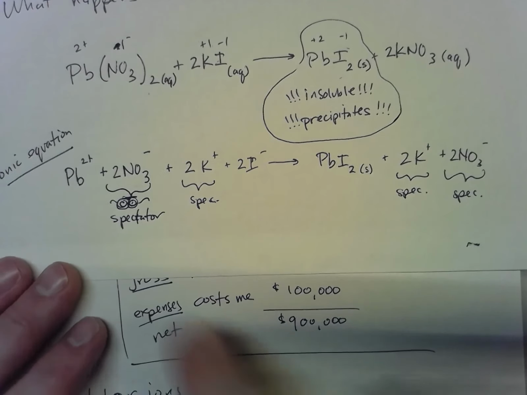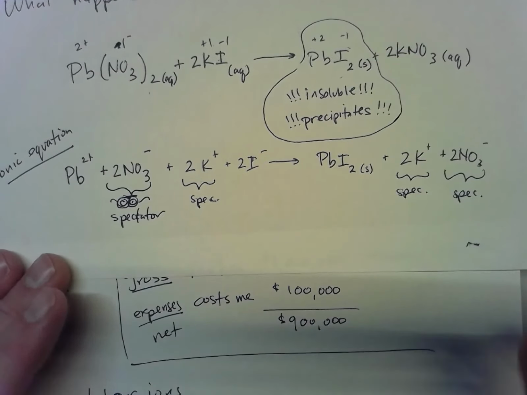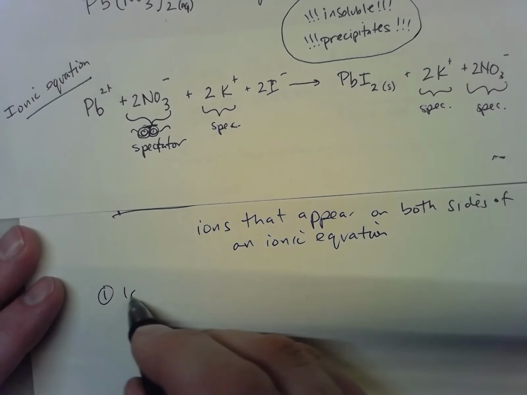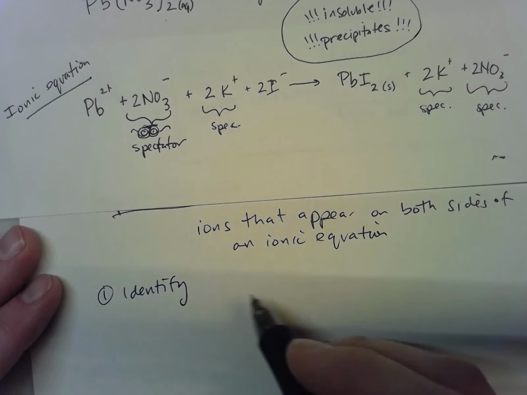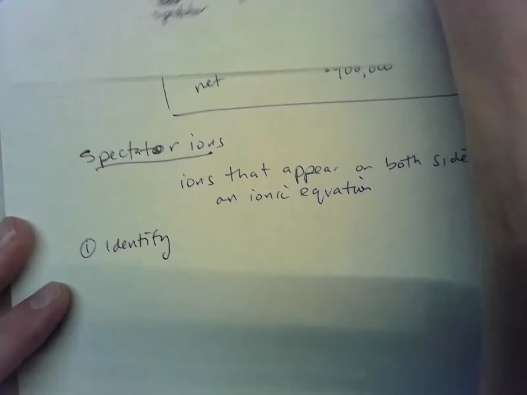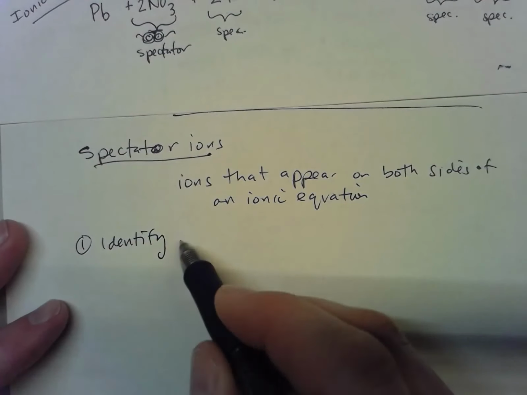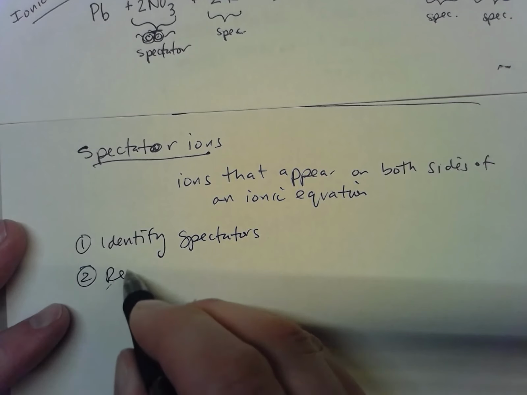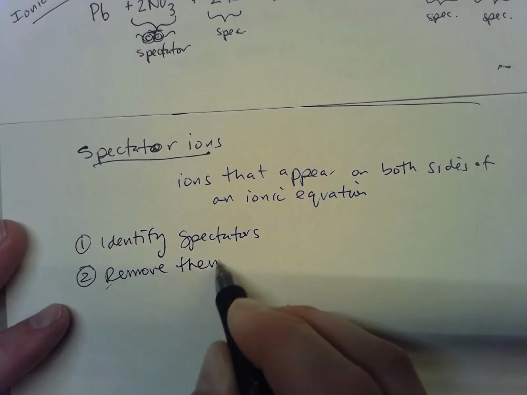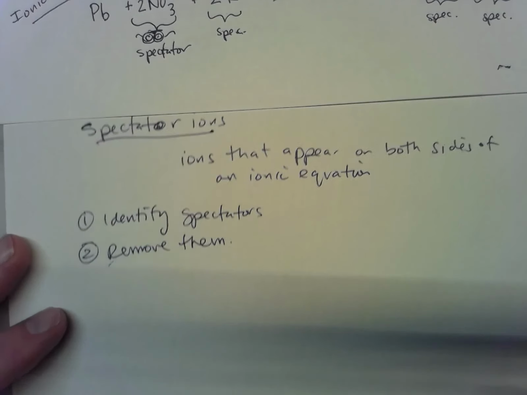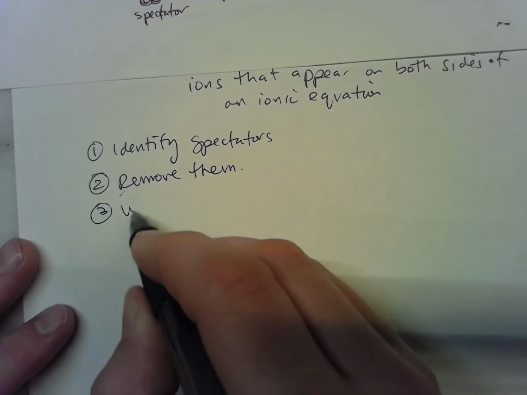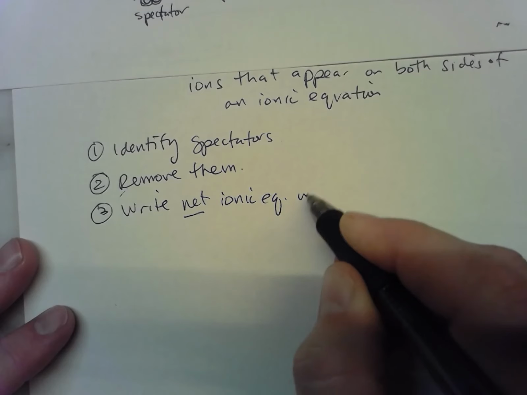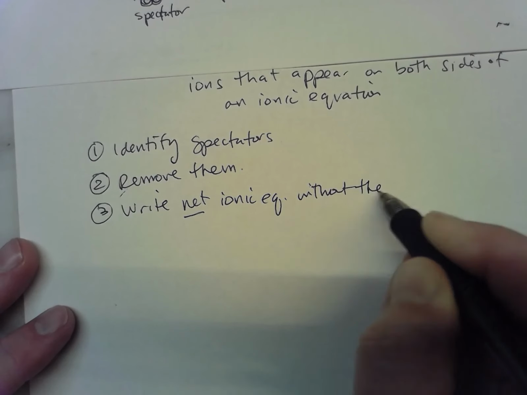All right, so once we've identified the guys that are on both sides and the same, we can remove them. So we'll say identify spectators, remove them, and if it helps you to cross them out or do whatever, and then we're going to write the net ionic equation without them. All right, so what does that mean?